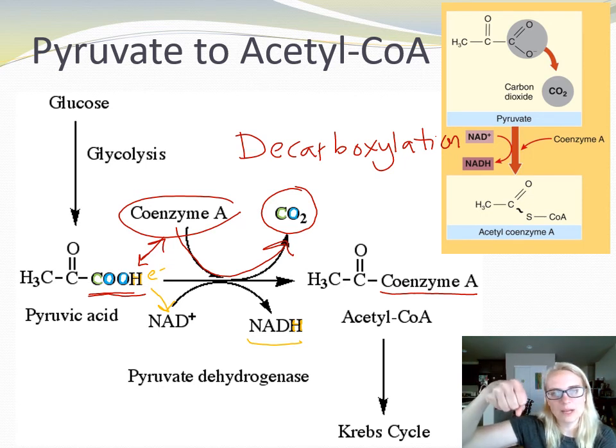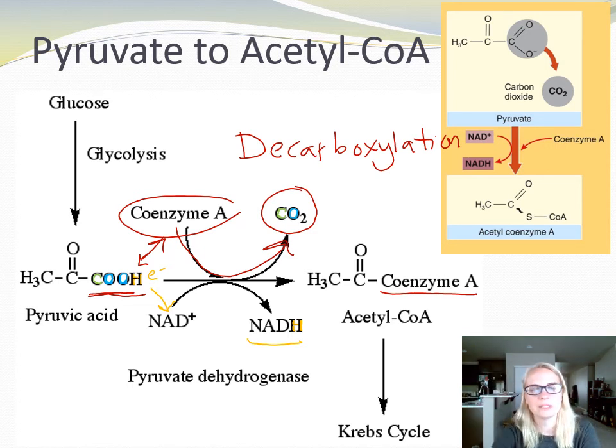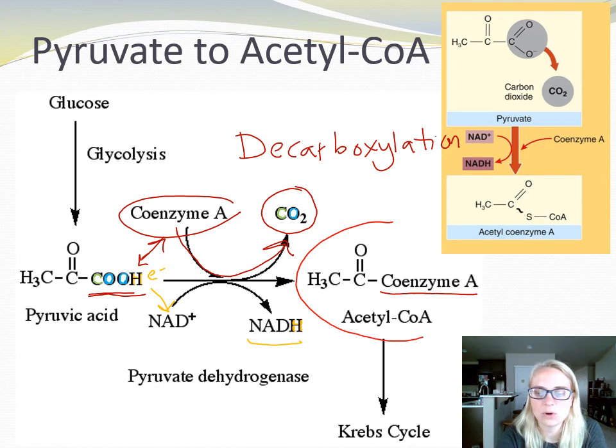So we had an NAD plus, it stripped the electrons with the hydrogen, dumped them into the bucket, and now that bucket's going to head off to the electron transport chain. And then our product is called acetyl-CoA. And so it's going to go into the 3rd phase of cellular respiration called the Krebs cycle.